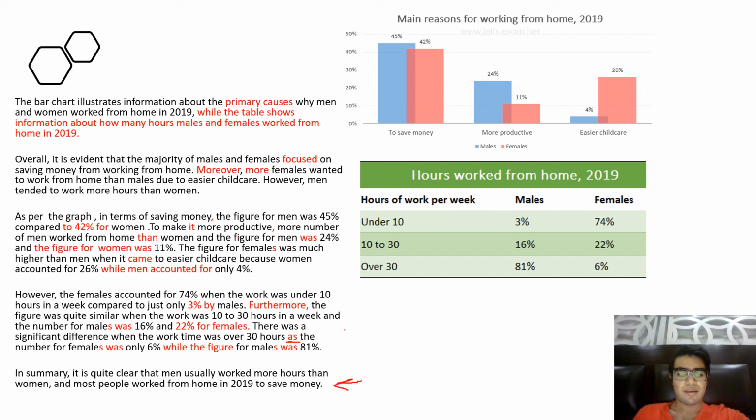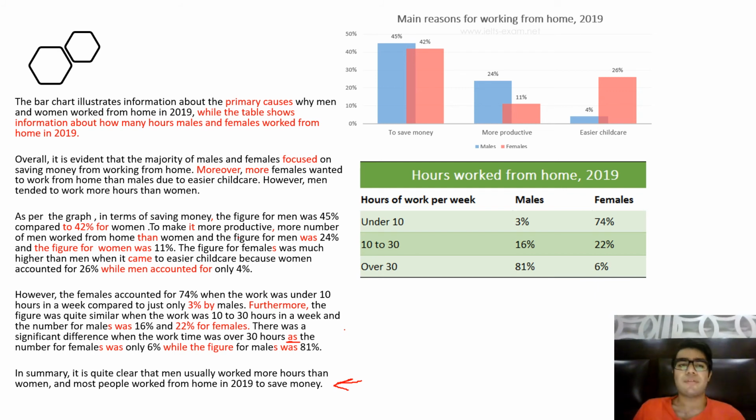But I have written a summary, so you can say, in summary, it is quite clear that men usually work more hours than women, and most people work from home in 2019 in order to save money. A summary is very similar to the overview. So you just paraphrase the overview and write it in a different way.